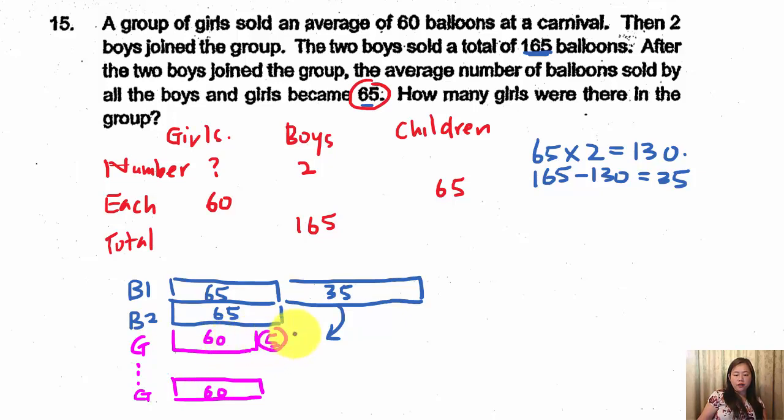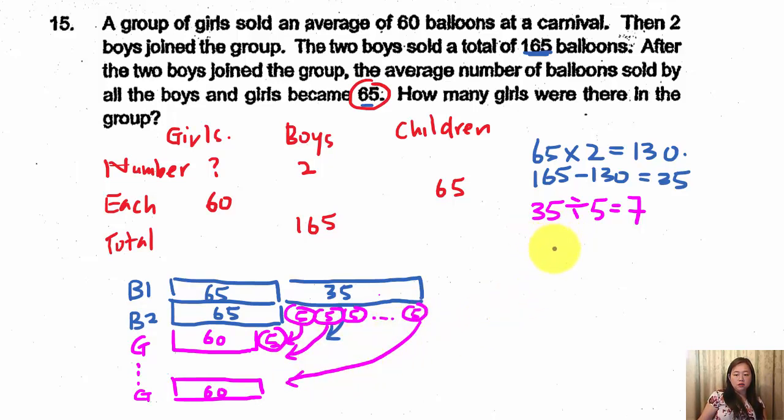So this 5 come from this extra here. So how many 5 are there in 35? So it will be 35 divided by 5, which is equals to 7. So it means that this extra 5 has been redistributed 7 times to the girls. It means there is a total of 7 girls.